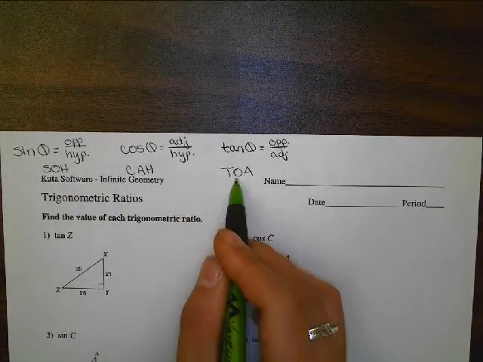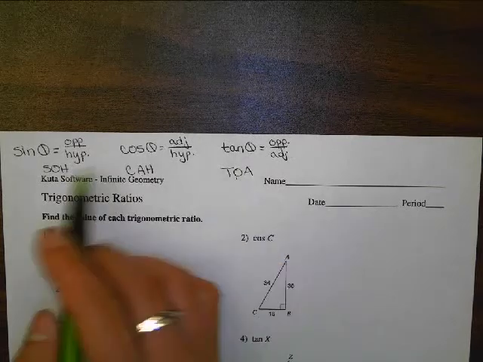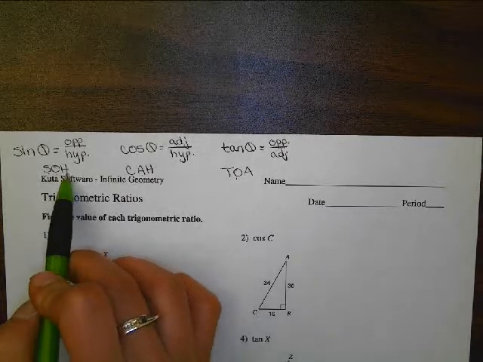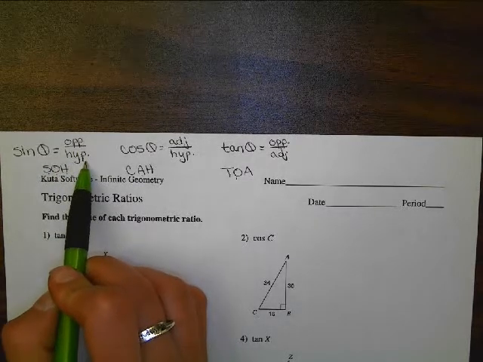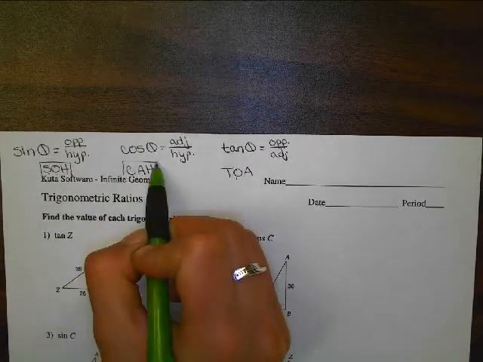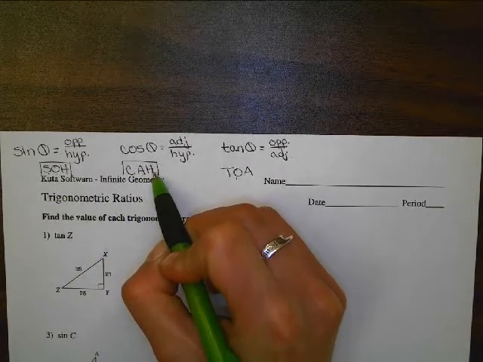So we have SOH, CAH, TOA, and that's the phrase that we can use to remember what these ratios are. S is for sine, O is for opposite, and H is for hypotenuse. So the sine is equal to the opposite over the hypotenuse, which is where we get SOH. CAH, C is for cosine, A is for adjacent, and H is for hypotenuse.